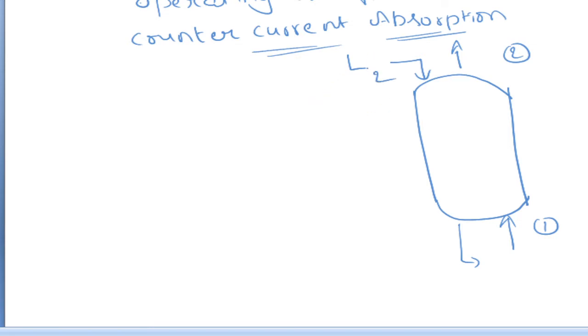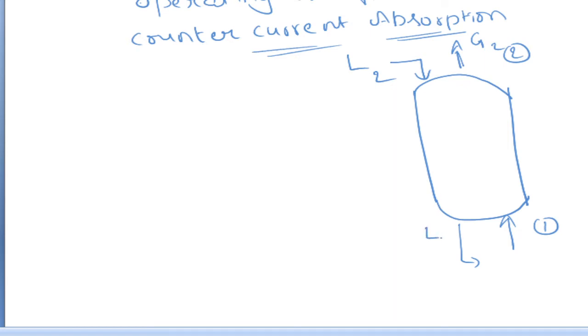That means this is the liquid at position 2 which is entering the column, and similarly this gas stream I can denote as gas G2. That means this is the gas stream at position 2 which is leaving the column.